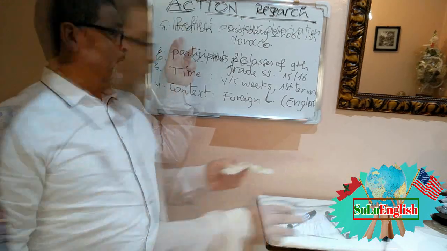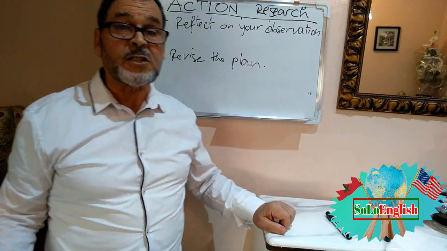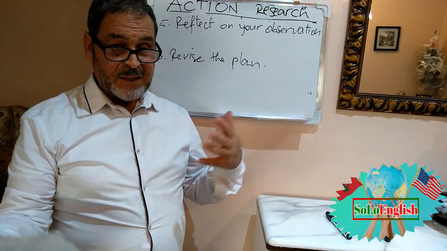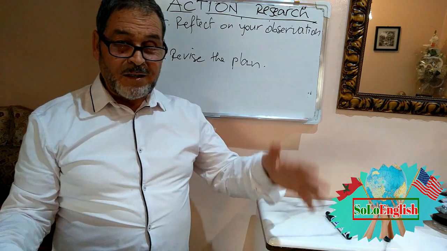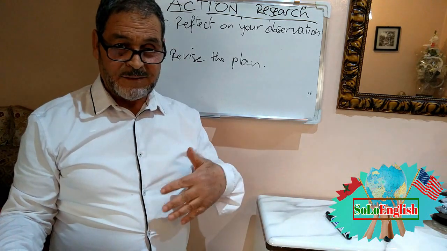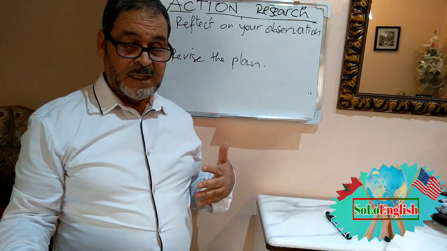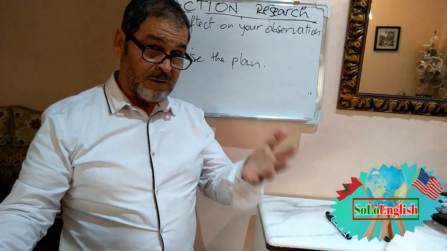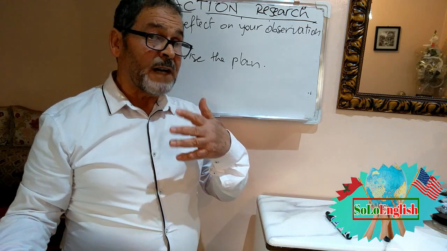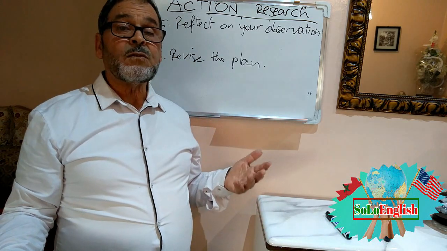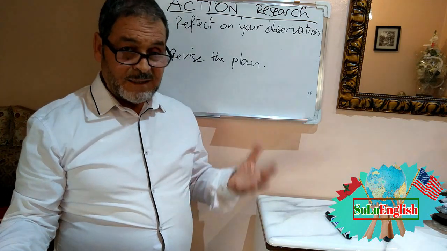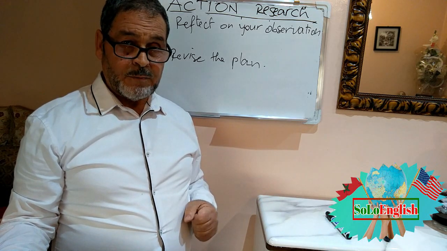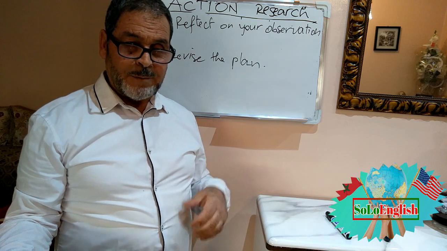Number 5 is reflect on your observation. Reflecting on the observation means to study and compare the points that we have gathered, the data that we have collected, between the classes, between the students observed, between the observation of other teachers maybe. Then we study this data, and we come up with a new, maybe hypothesis testing.